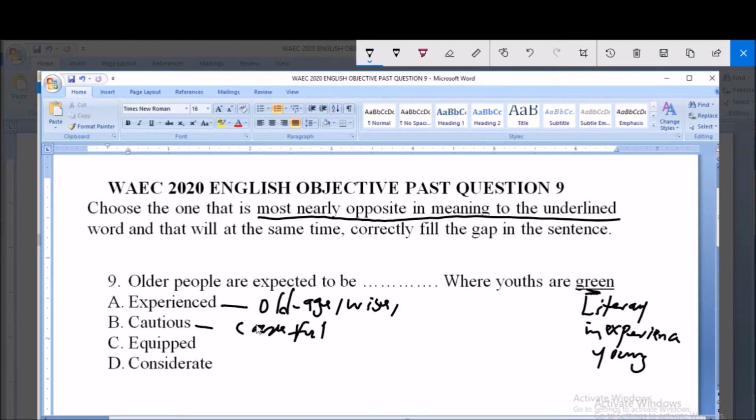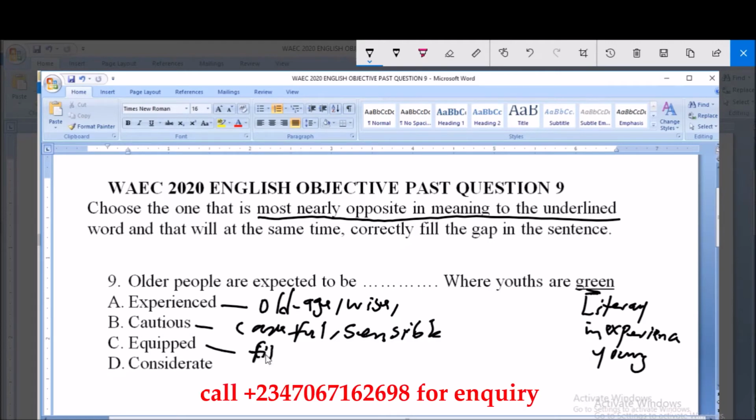The option C simply means equipped, means fitted out or furnished.